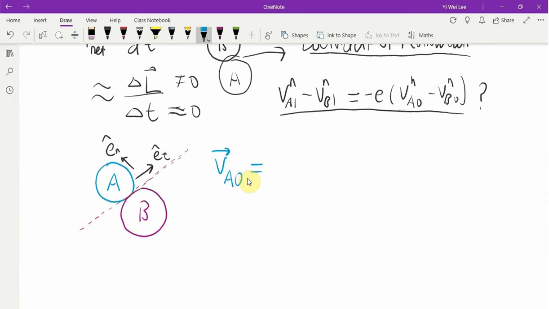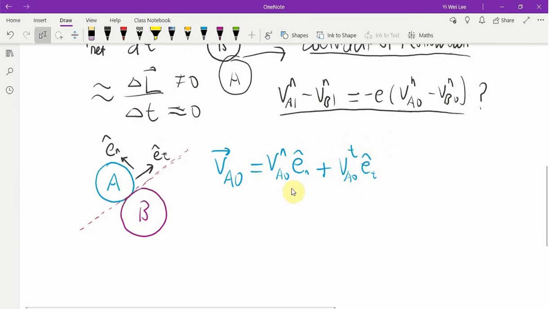The velocity of A before collision, denoted by this zero here, must be resolved into the normal direction to the collision plane, and also into a tangential direction, which is along the collision plane. So the velocity of particle A before the collision must be resolved in the direction perpendicular to the plane of collision, and in another direction parallel to the plane of collision, denoted by this term.